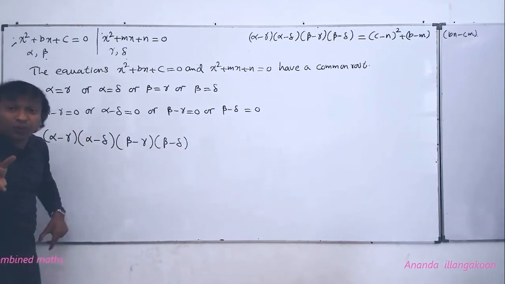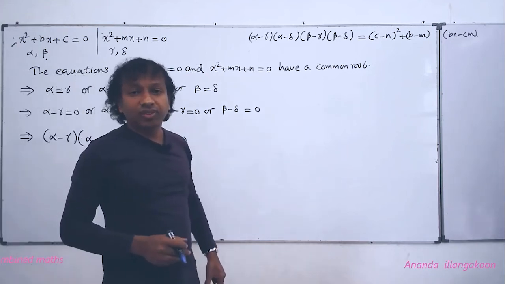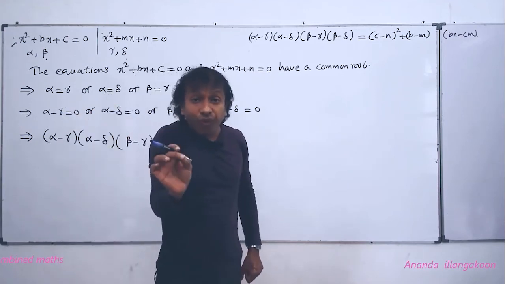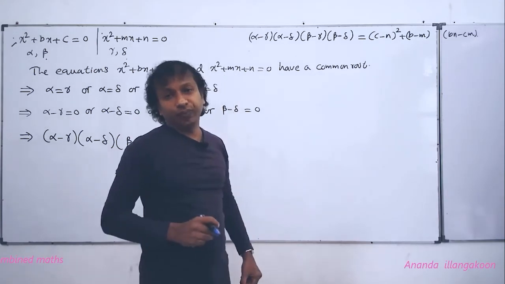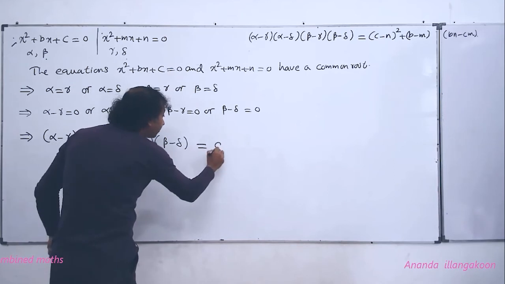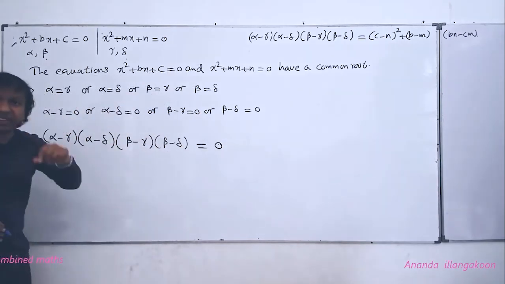People, you know, when you multiply something by 0, what is the product? Product is 0. So whichever out of these 4 in the product becomes 0, the entire product is 0. Understood? So therefore, this implies 0. Why? One of these 4 brackets is definitely 0 according to this.